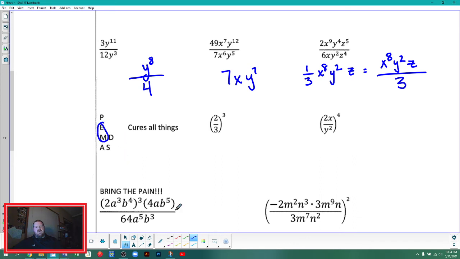So those two are kind of grouped. If I see multiplication in a problem, like 2 to the 3rd times 2 to the 4th, I would add. And if I see division, like up here, I will subtract.